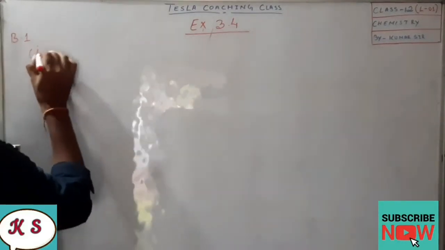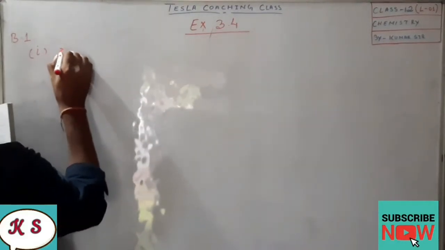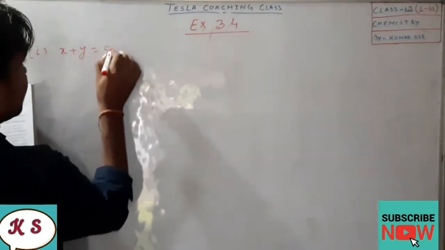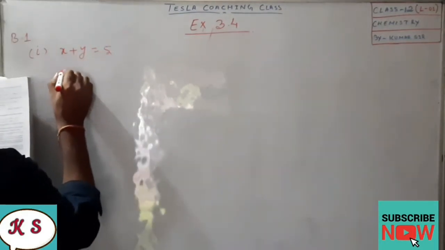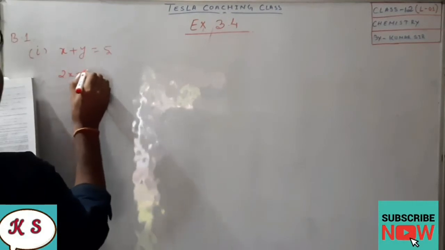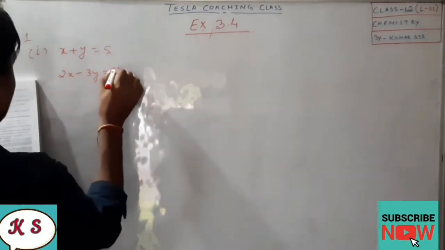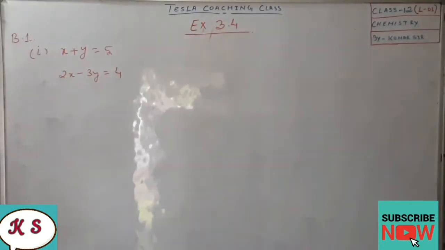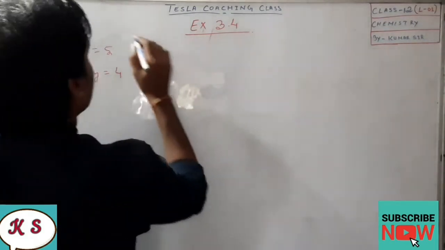The question is x plus y is equal to 5 and 2x minus 3y is equal to 4. So this is the question given. So we will be using a method. What method are we going to use? We are going to use the elimination method.